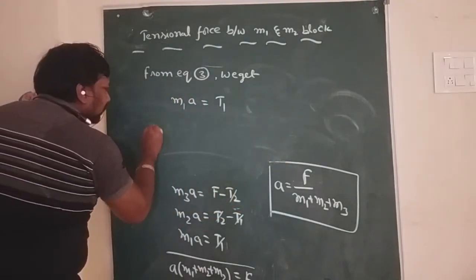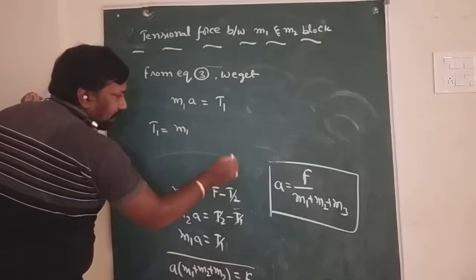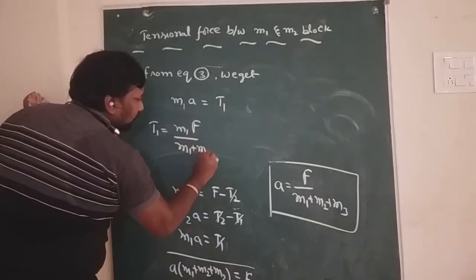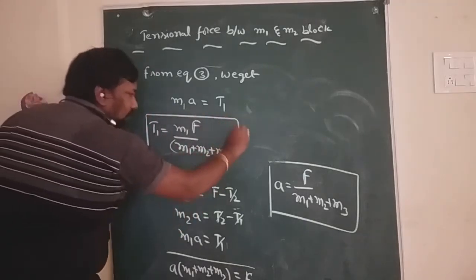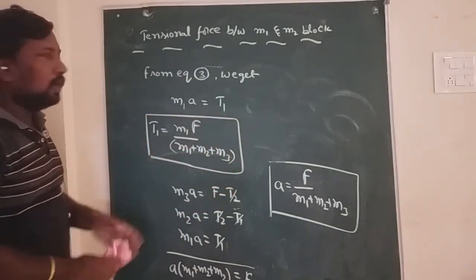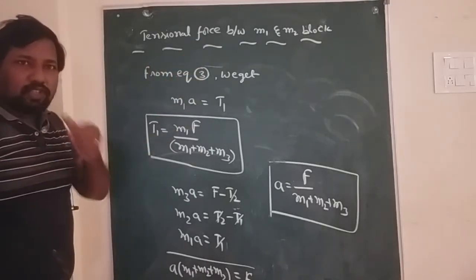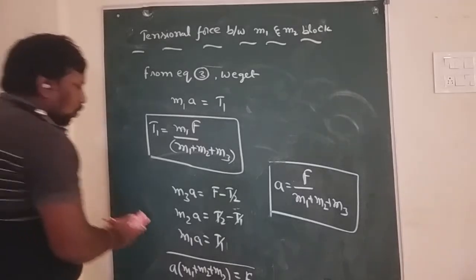So here T1 equal to M1 into, where acceleration is F by M1 plus M2 plus M3. So this is the tension force between the M1 and M2 block. Now we can find out the tension force between the M2 and M3 block.